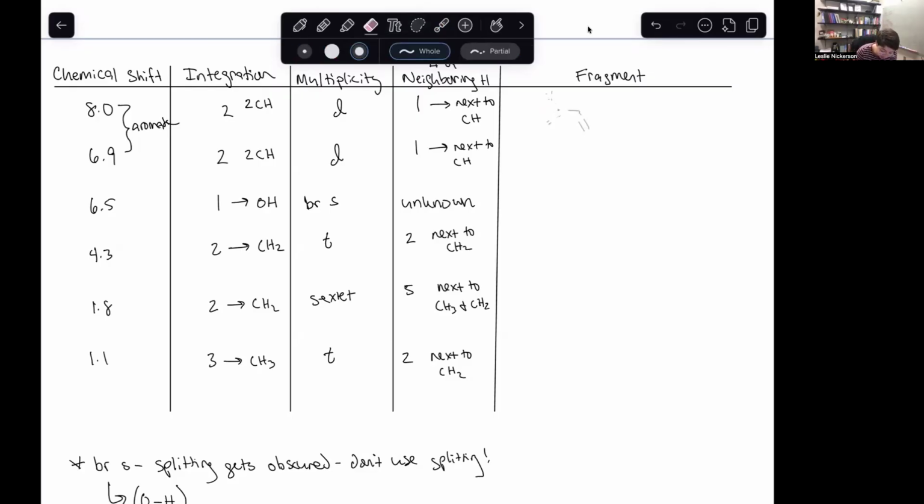I find that to be very obnoxious. So what I like to do is think about the ring as a whole, because if I've got stuff in that aromatic region, I'm probably dealing with a benzene. We're not going to really be giving you stuff outside of that. That's a little bit nuts.